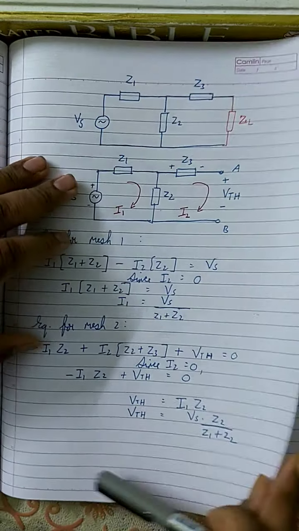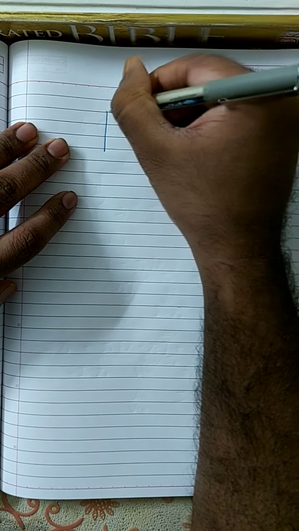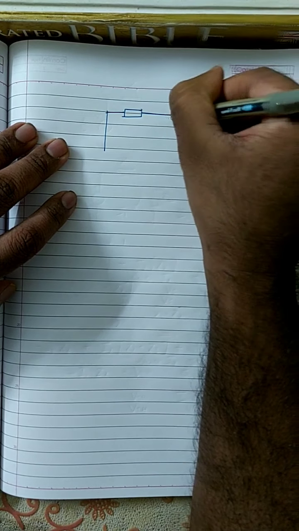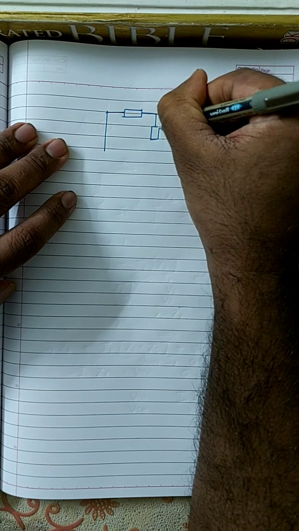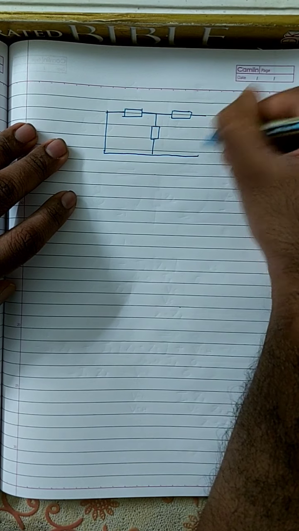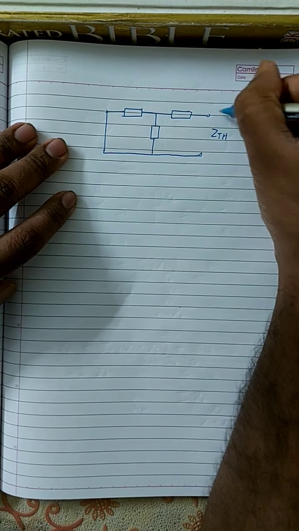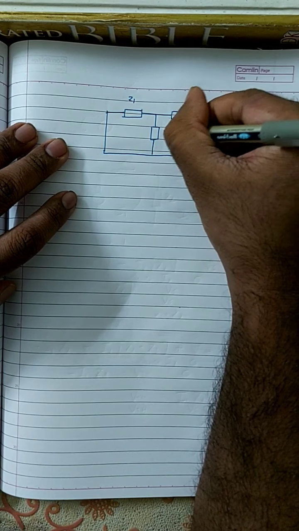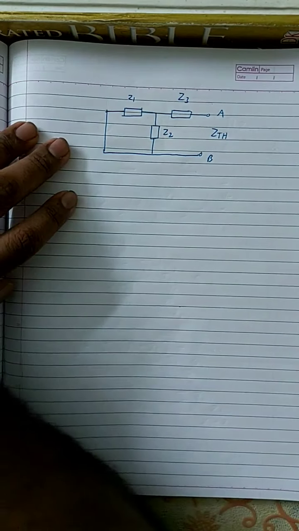So here, your circuit for finding ZTH is this. This is the circuit for finding ZTH. This is A, this is B, this is Z1, this is Z2, and this is Z3. This is how we find the value of ZTH.